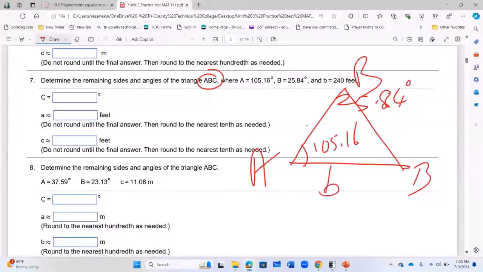Then I'm trying to find all the missing sides and angles. So I might as well start from B. So angle sum of a triangle is 180 degrees. So I can find B quickly.